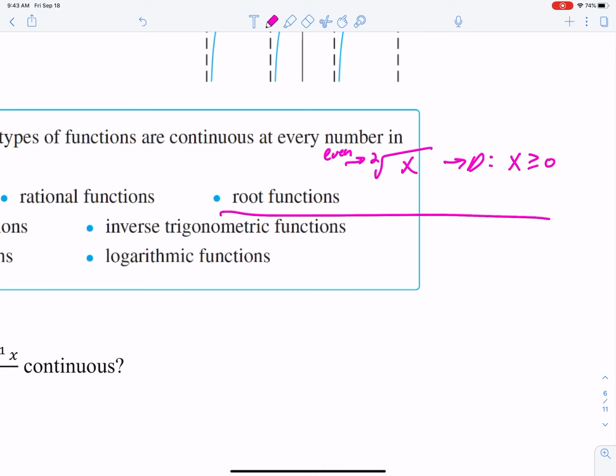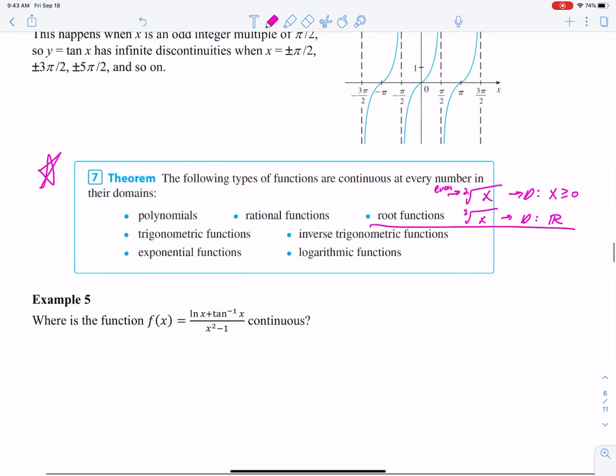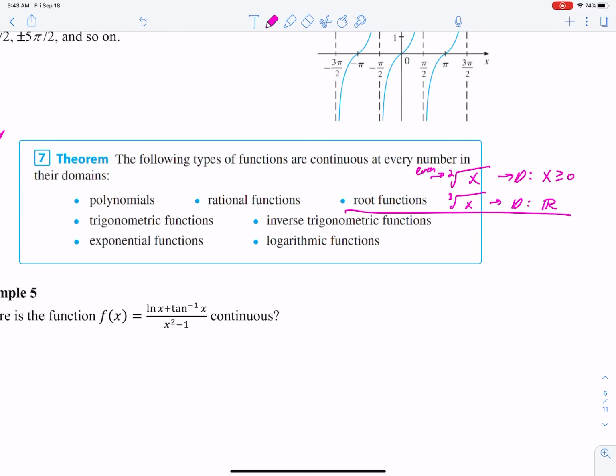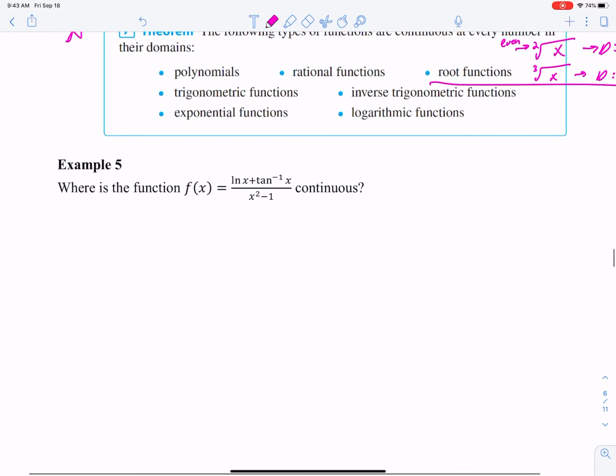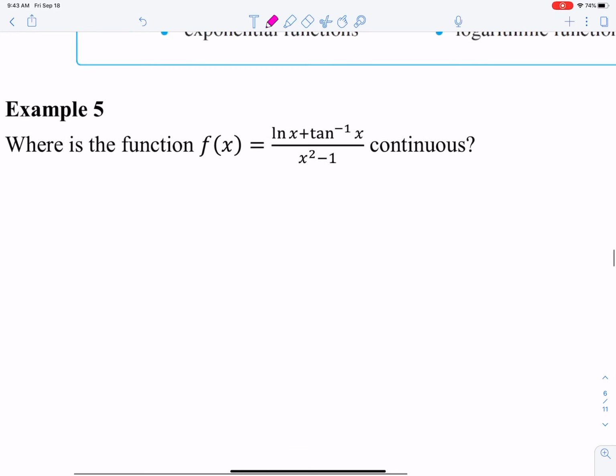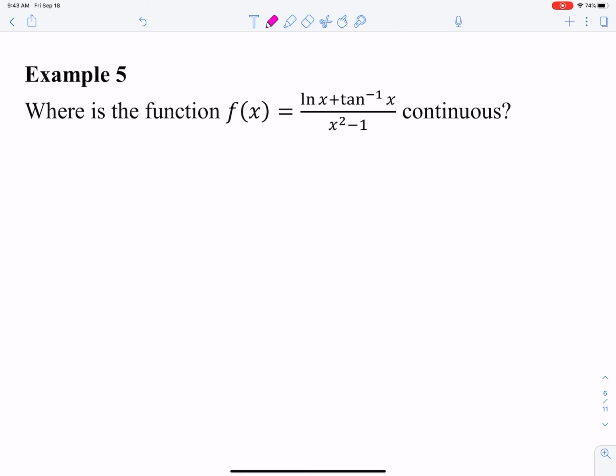If you're taking any odd root, the domain is all real numbers. All right, that's important stuff to remember. All these other ones are also continuous at every number in their domains: trig functions, inverse trig functions, exponentials, and logarithmics. So let's use this information to figure this one out.